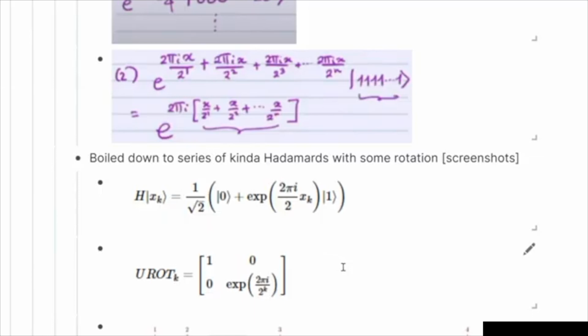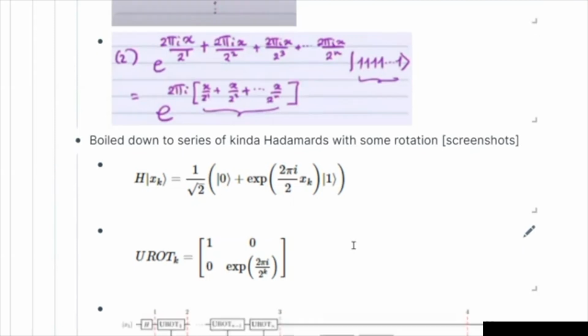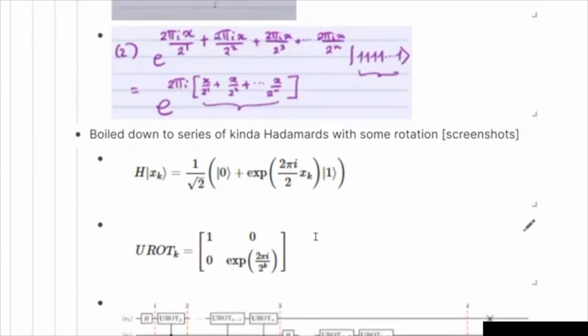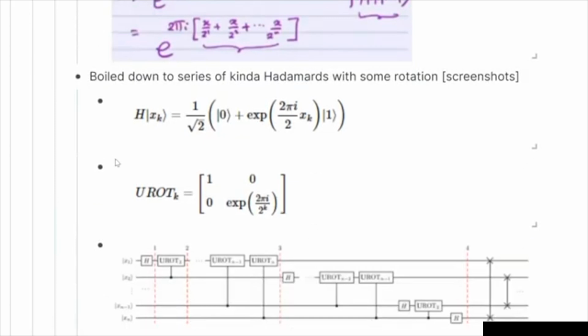So you could say that when k is 1, the U rotation gate is similar to the Hadamard gate in terms of rotation. That's it. And if you just expand this matrix, it's similar to the formulas above.